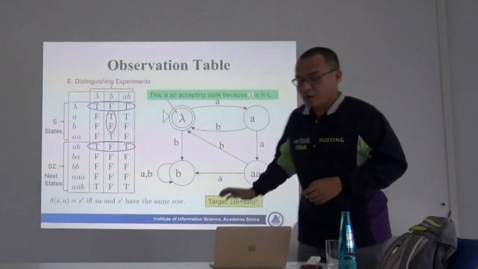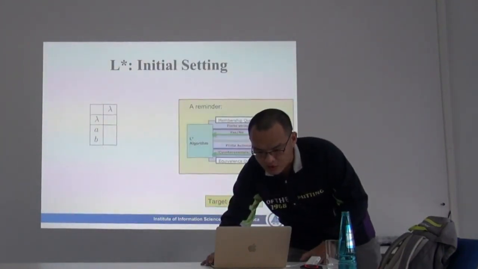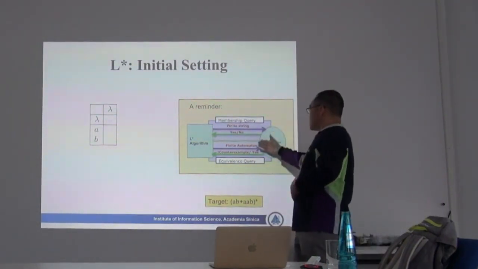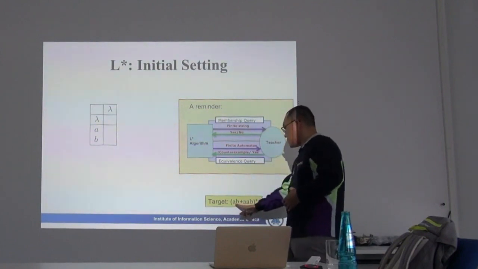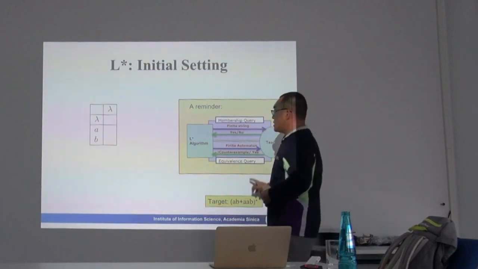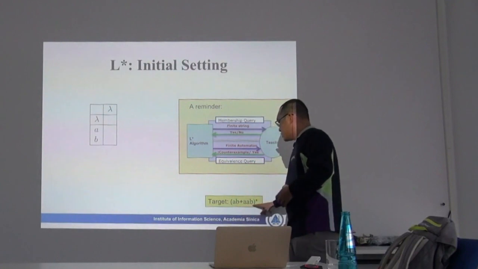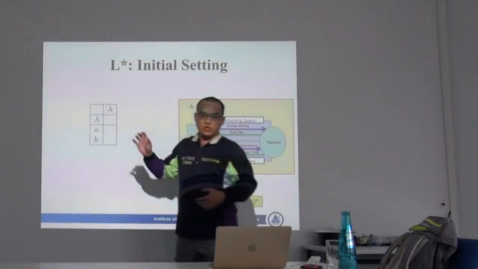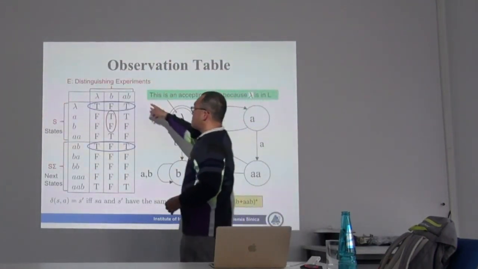To be more concrete, I will give you a very concrete example. Assume that the language the teacher knows is this, AB plus AAB star. The learning algorithm will try to find out the states related to this regular language. It will begin with a data structure like this, a table.